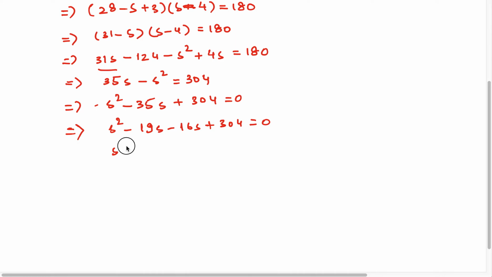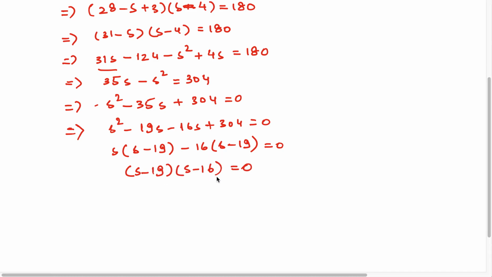If I take S common, it will be S into (S minus 19) minus 16 multiplied by (S minus 19) is equal to 0. Then taking S minus 19 common, (S minus 19) into (S minus 16) is equal to 0. If I equate this to 0, I get S equal to 19. If I equate this part to 0, I get S equal to 16.